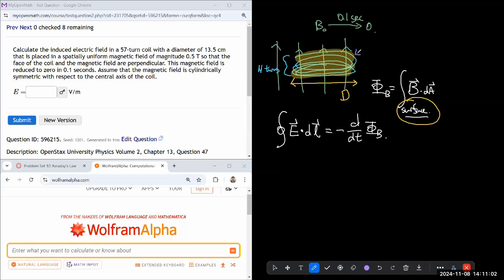You could think of this enclosed surface as basically a single circular surface of diameter d times the number of turns. If that's your mental image or your model for how you're calculating, great, that works, and it'll give you the right answer.